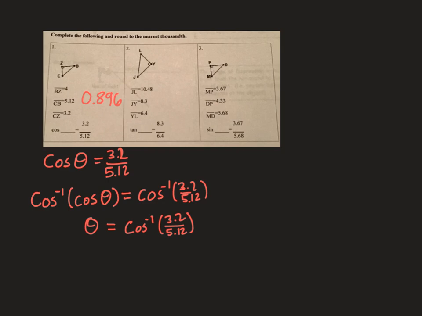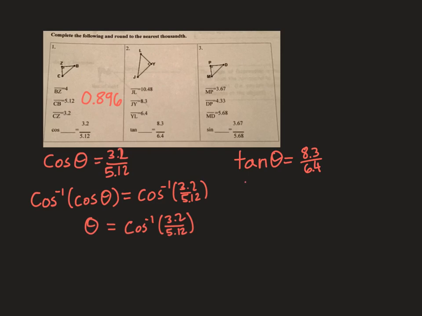Now we're going to do the same thing for our next one. It's asking us for the tangent of theta of 8.3 divided by 6.4. Once again, we're going to take the arc tangent in this case.